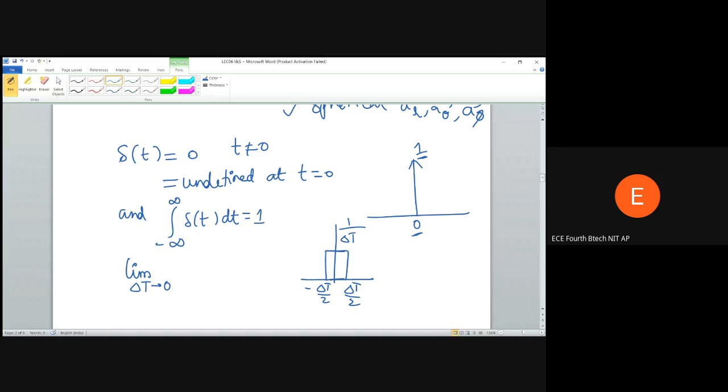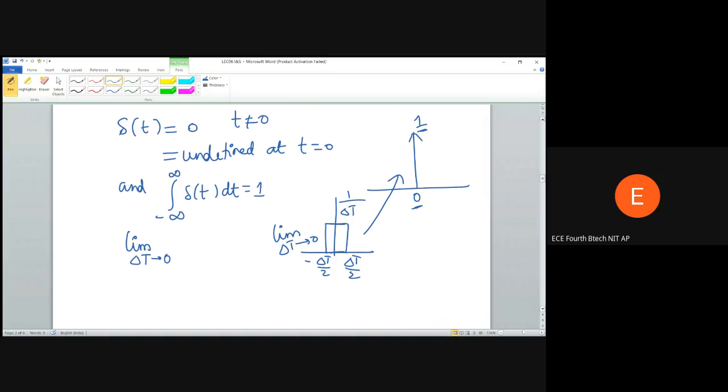When you apply the limit delta t tends to 0, you get the impulse. So this is the definition for the impulse function.